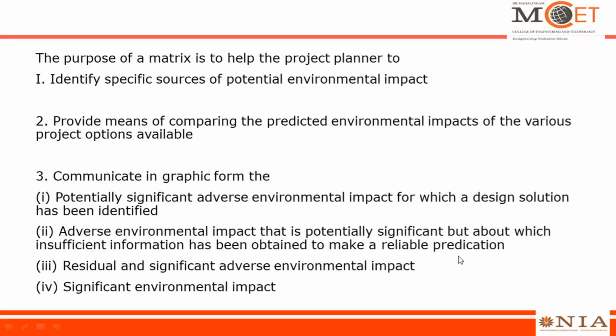Meaning there is a significant adverse impact, but not much information has been obtained, and that has to be represented properly using this matrix method. Then residual and significant adverse environmental impacts, right? So you'll have to form a matrix to show all these things.